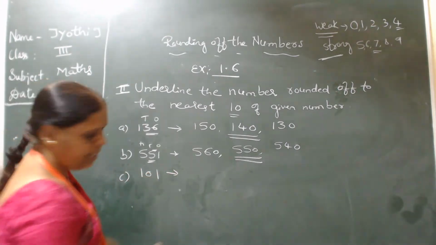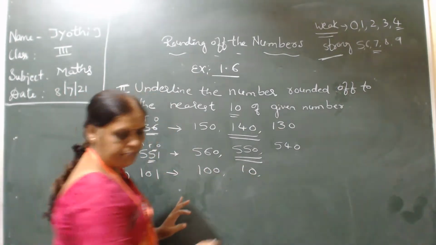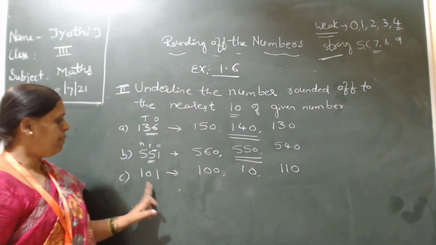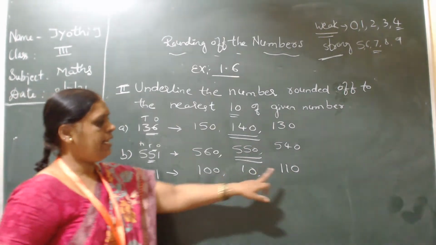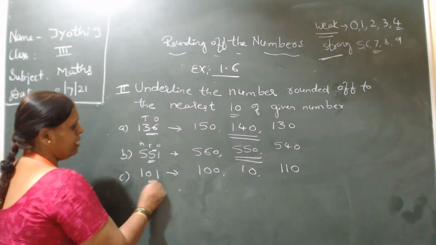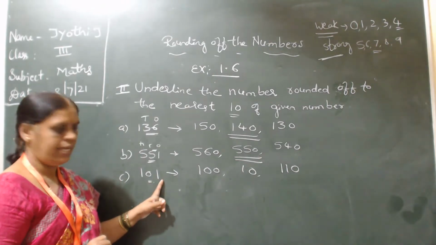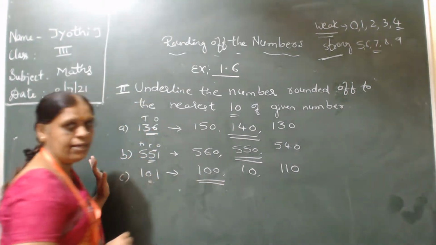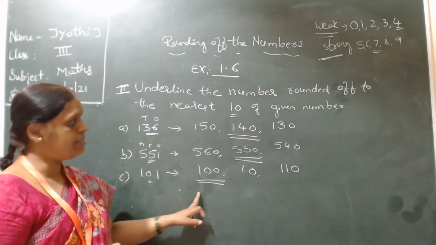The options are 100, 10 and 110. So what you should do? You have to see the number in the ones place. It is less than 5. So 101 is rounded as 100. Understand? These are the nearest to tens.